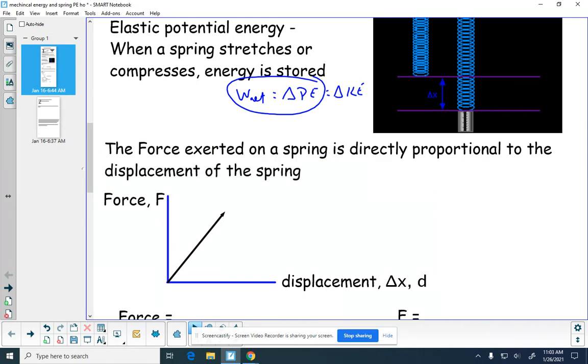The force exerted on a spring will be directly proportional to the displacement of the spring.